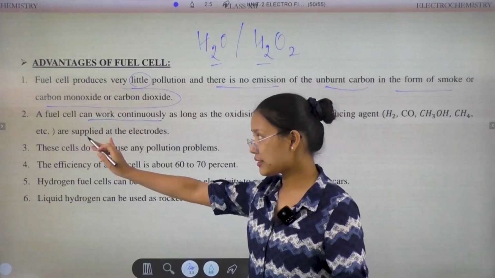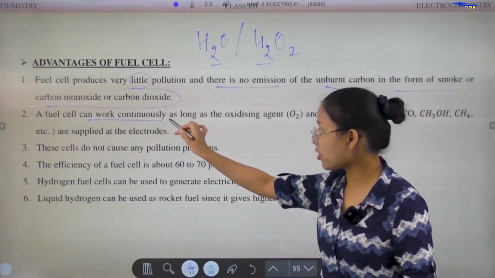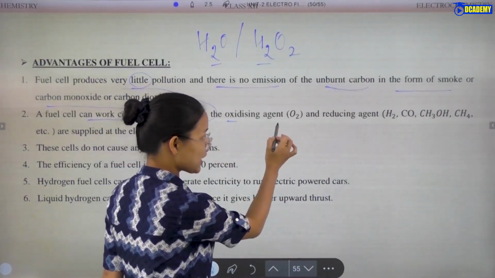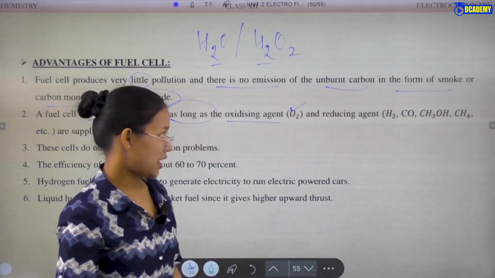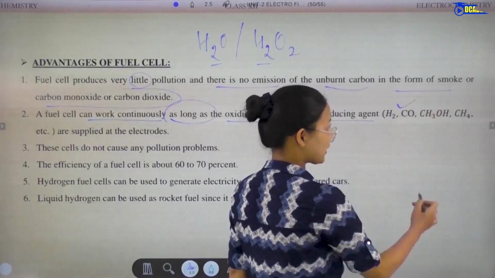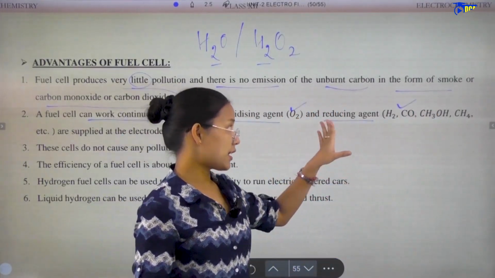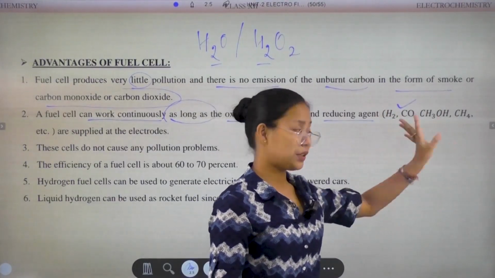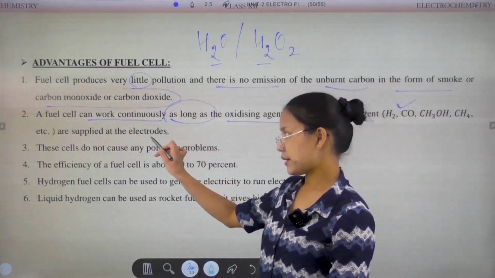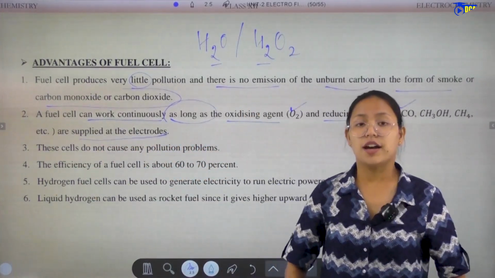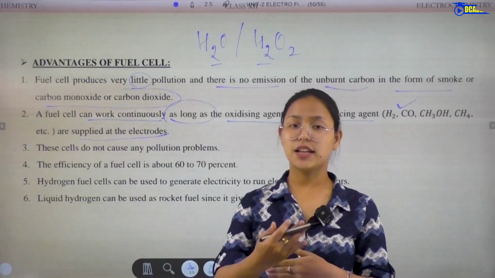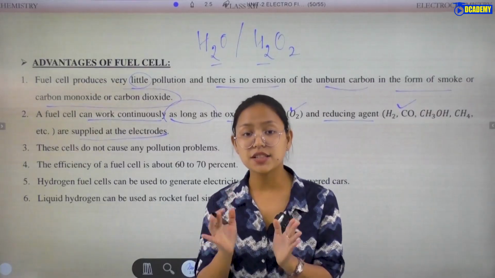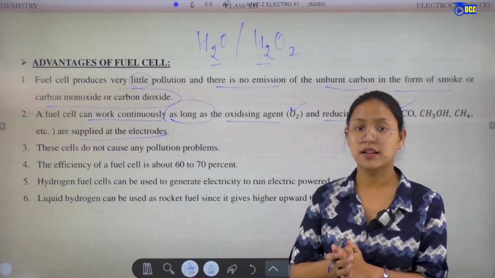So here a fuel cell can work continuously as long as the oxidizing agent, oxygen, and the reducing agent, like these substances or gases, hydrogen gas, carbon monoxide gas, alcoholic gas, and methane gas, etc., are supplied at the electrodes. They will continuously undergo the oxidation and reduction reaction such that they will produce energy.